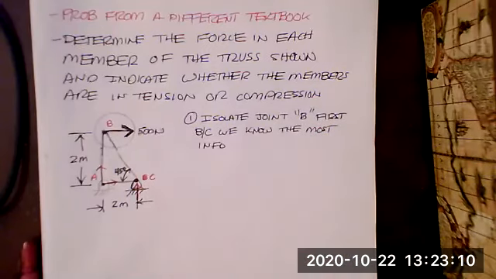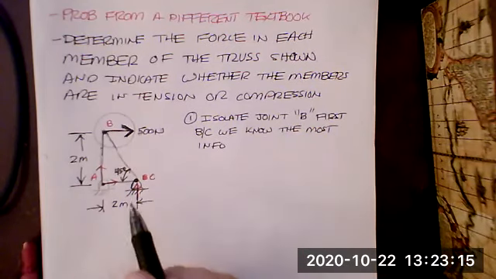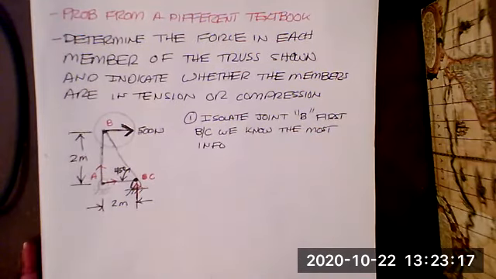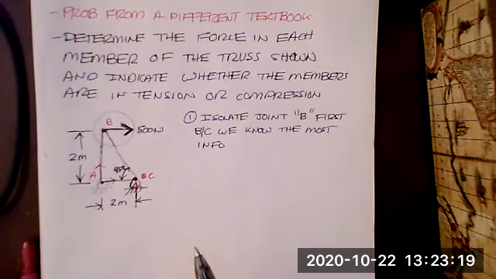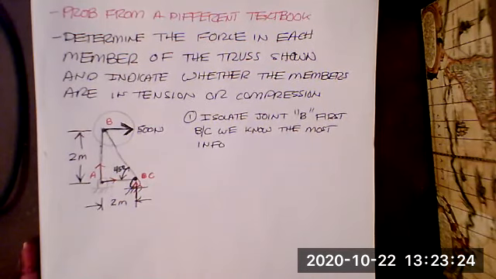In other words, we have a force there that we can actually look at. If we go down here, we're done. No forces. Same here, no forces. We start with B. So isolate joint B first because we know the most information.